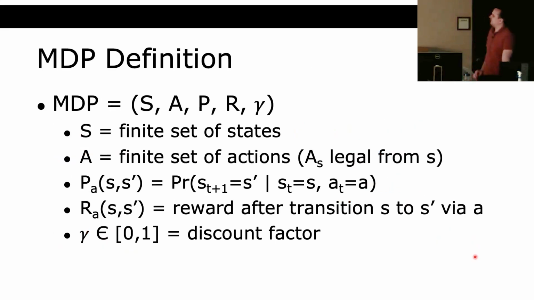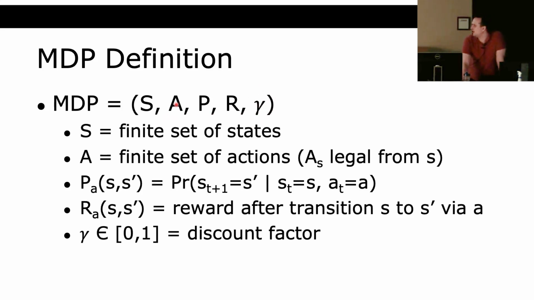So let's define a Markov decision process then. And this will be a great exam question, like knowing what all of these things are. So here an MDP is defined by 5 properties: S, A, P, R, and this looks like a Y, but it's a gamma.